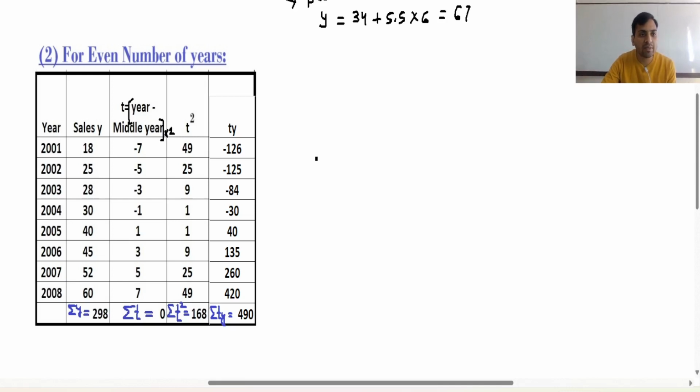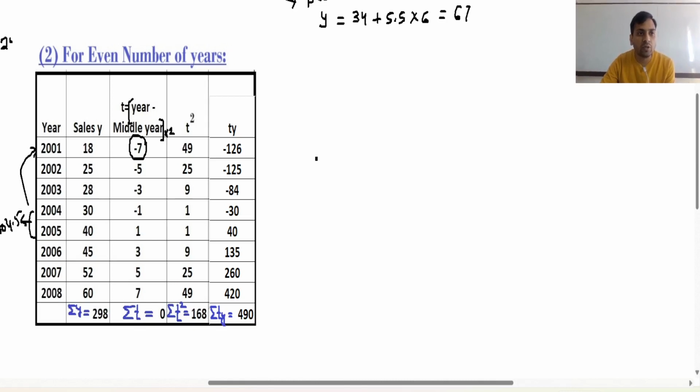In this case there are 8 years, and 4 and 5 are the middle years. So between 4 and 5, you will consider the middle year as 2004.5 numerically. Now for 2001, 2001 minus 2004.5 is minus 3.5, multiplied by 2, then you will get minus 7.